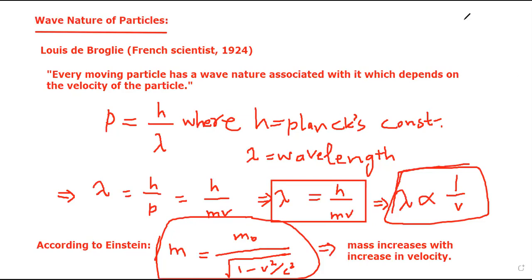Now if you have been given some specific data and asked to calculate the wavelength of a particle, for example with a certain mass, this is a numerical example. Suppose you have a certain mass of a particle, or a combination of particles as well.